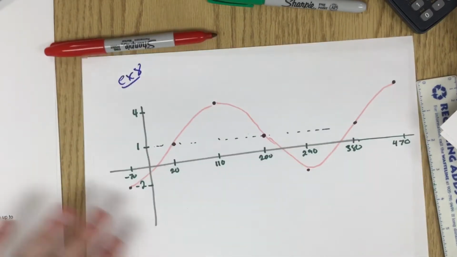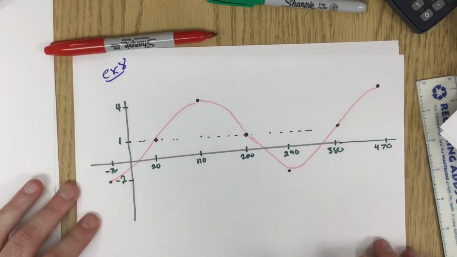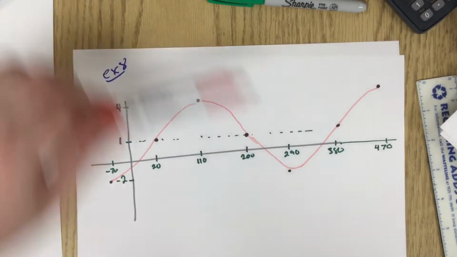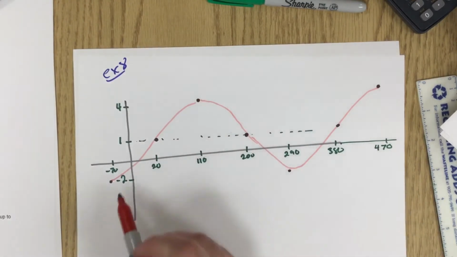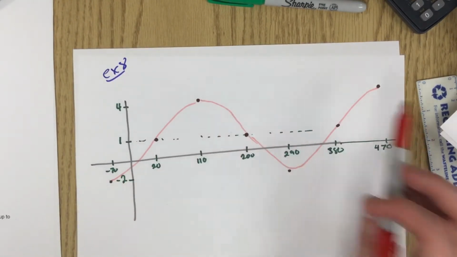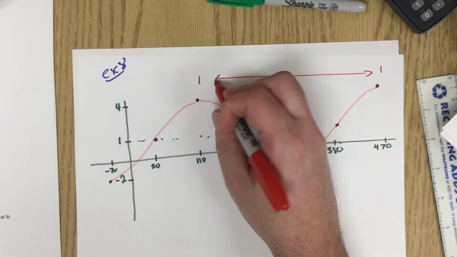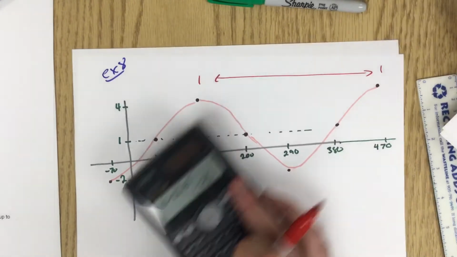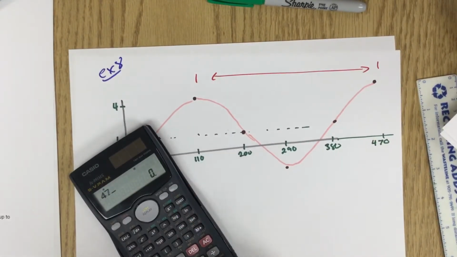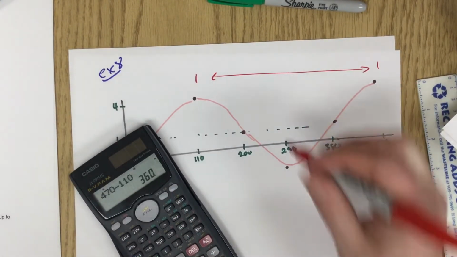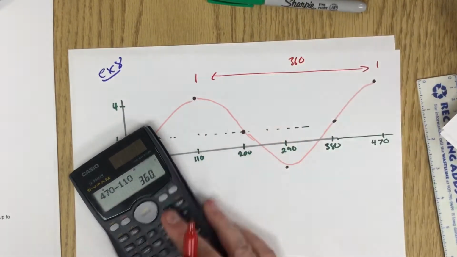Example 8. So, we need to figure out a period here. Maybe I'm going to go from, well, I could do top to top. That looks pretty easy. So if I went from here to here, from 110 to 470, the way you figure out the distance is you subtract it. So 470 minus 110. So the period is 360.